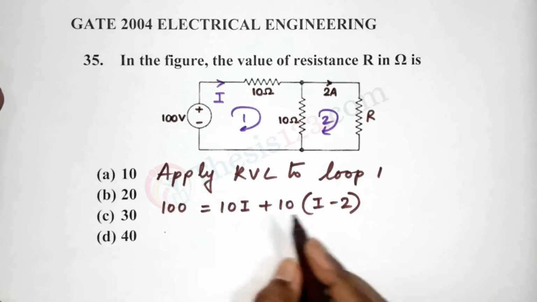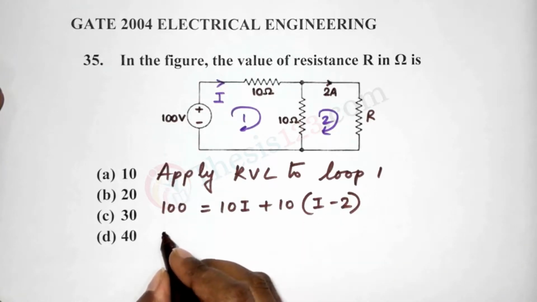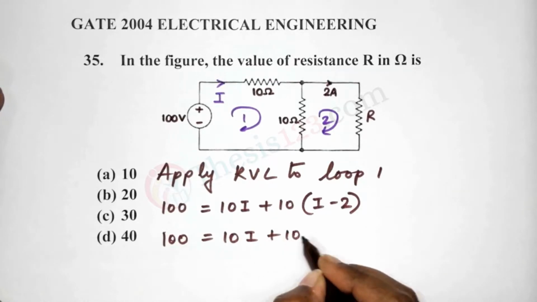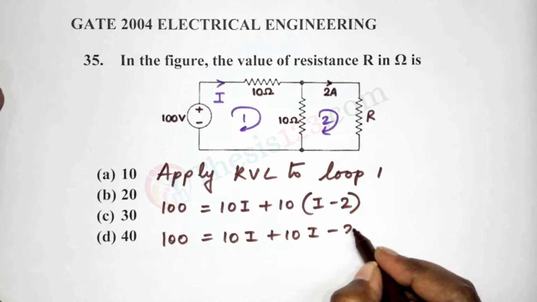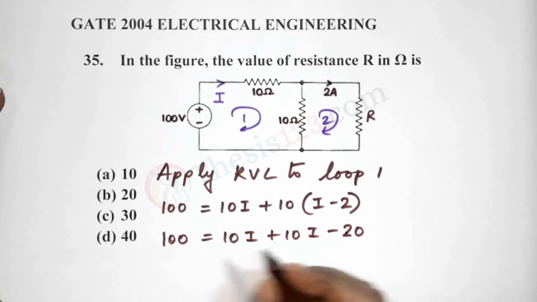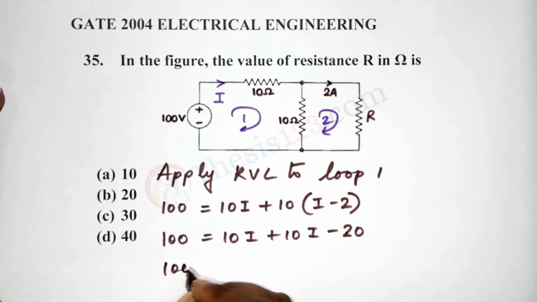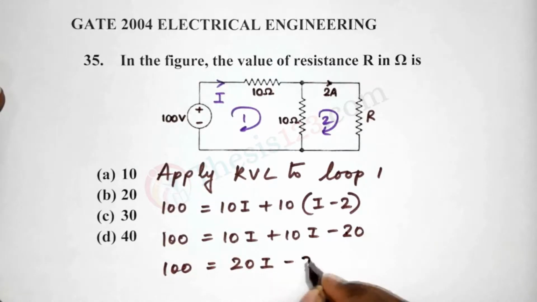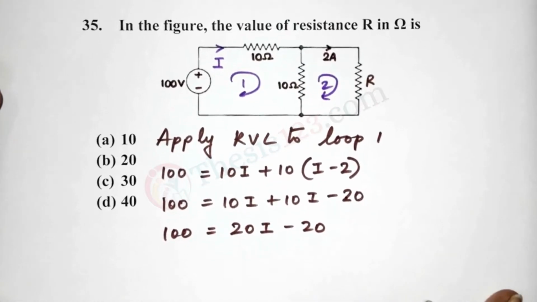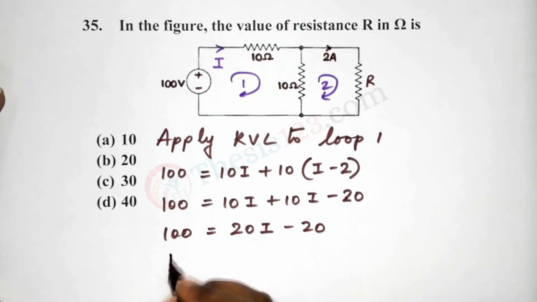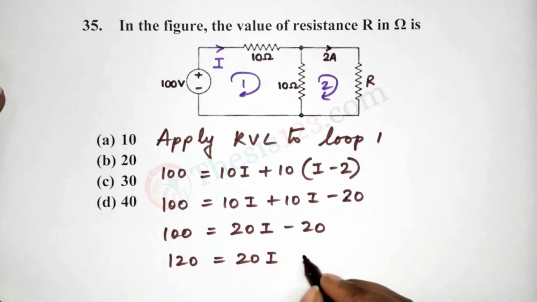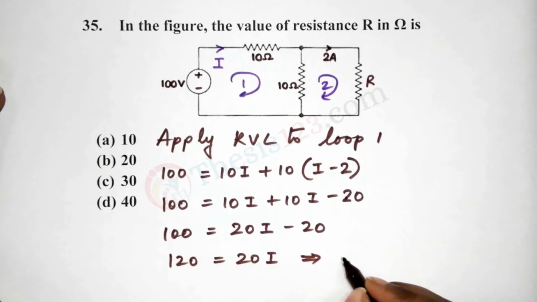So let's just open up the brackets over here and then solve a little further. 10I plus 10I minus 20. So we have 100 is equal to 20I minus 20. Let's solve for I. We will obtain 120 is equal to 20I and therefore what is the value of I over here?